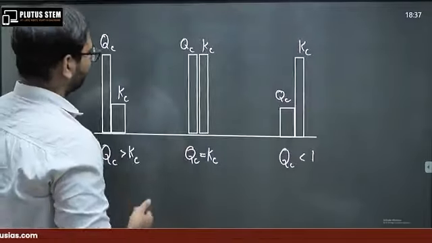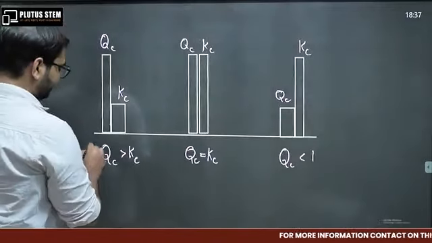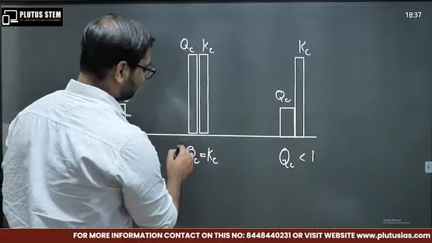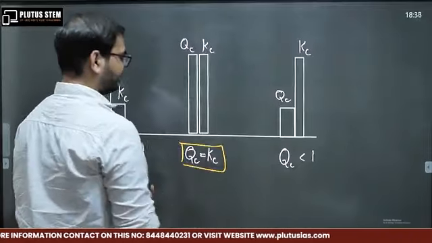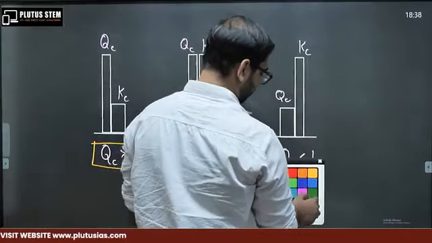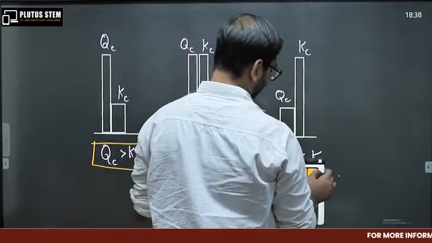So let's assume this graph here. In the very first case, I am representing Qc having a higher value than Kc, while the second case represents where Qc equals Kc, and this is the third case which represents where Kc is greater than Qc.